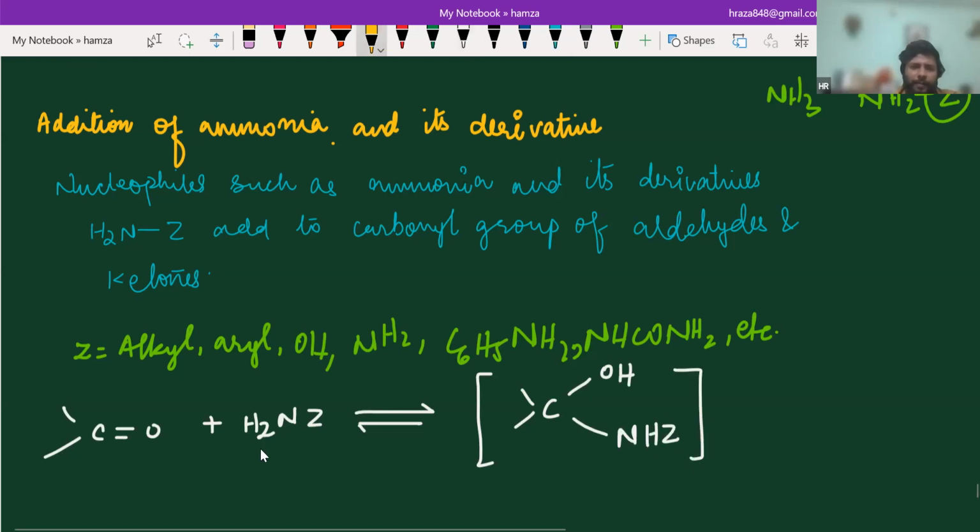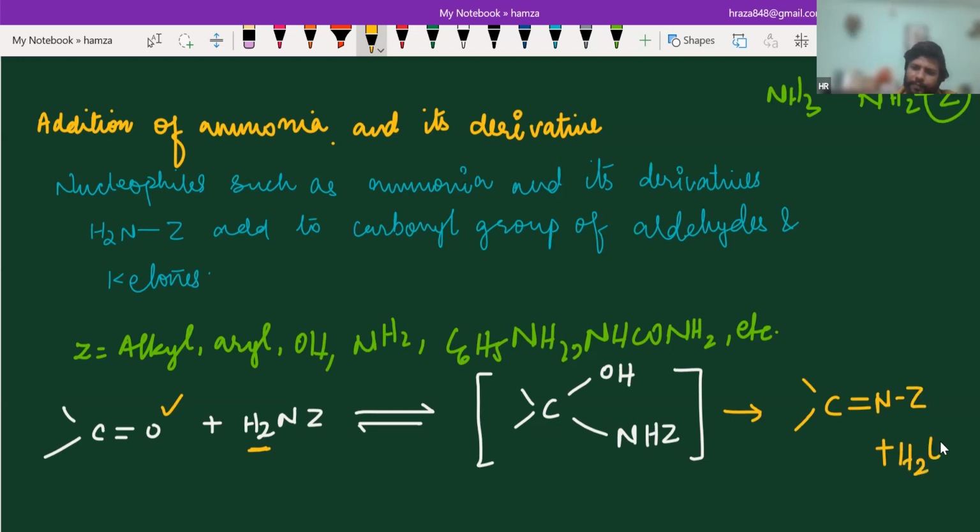Hydrogen is the lowest electronegative, so one of the hydrogens will go to oxygen, because oxygen is negative and hydrogen will be positive. So OH, and this whole NHZ will be negative. I will explain it again, so please do write it up to this. And after this, C double bond NZ will be formed. I'll explain the reaction first, right?